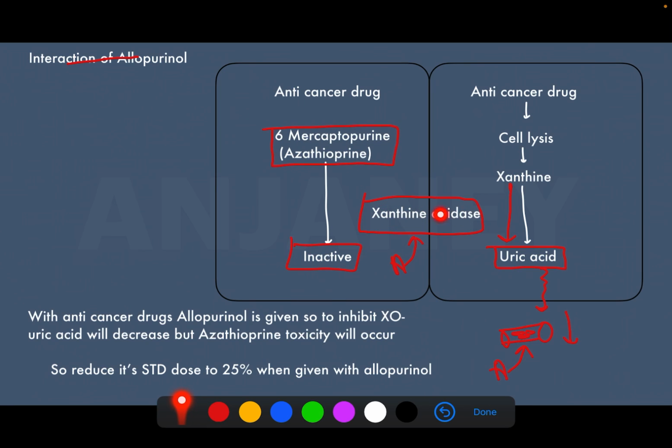Now, when xanthine oxidase is inhibited, these are not becoming inactive. So it's a problem for us. So whenever these drugs are given with allopurinol, you have to reduce the standard dose to 25%. Otherwise they won't be metabolized, as the enzyme which causes their metabolism is inactive, so it will be increased in blood.